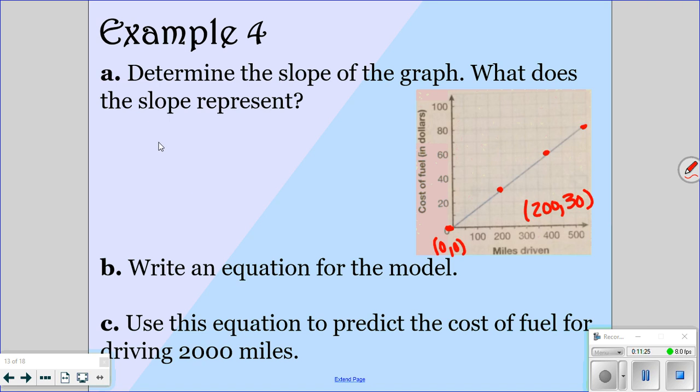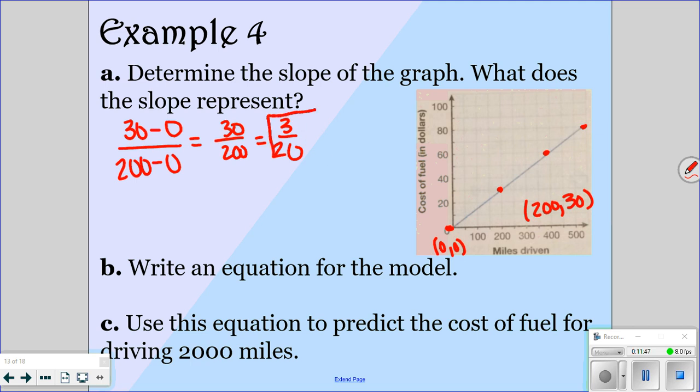So our slope is going to be y2, I'll do 30 minus 0, and then x2, 200 minus 0. So 30 over 200 would reduce to 3 over 20. So that's your slope. What does the slope represent?